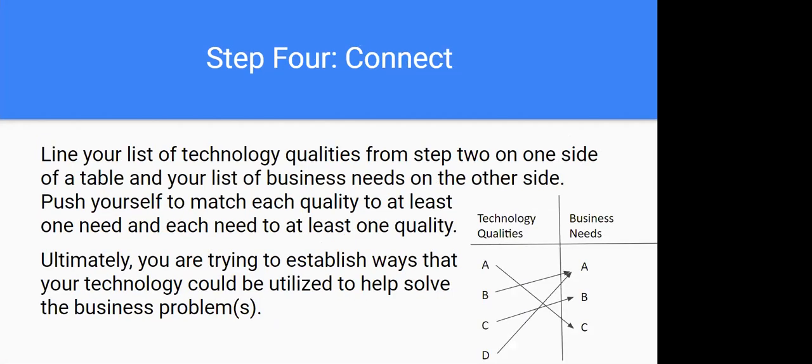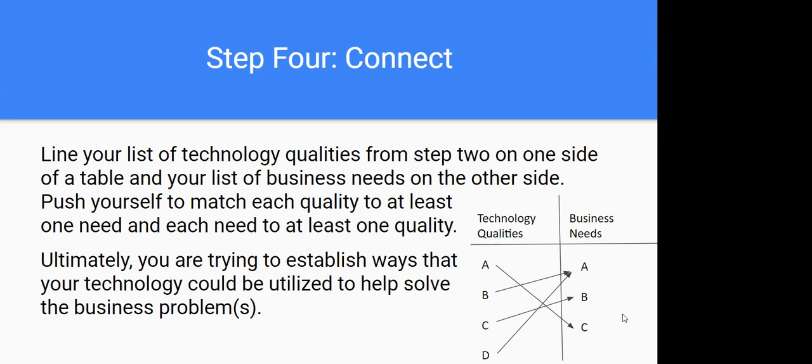And then finally, the last step of this process is basically a connect the dots exercise, or connect the items. So you basically want to take all of your technological benefits and features that have been described as metaphors, and you list them on the left side of a chart like this.